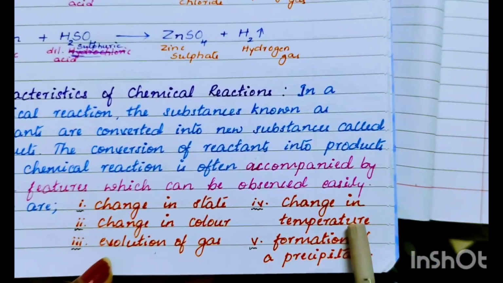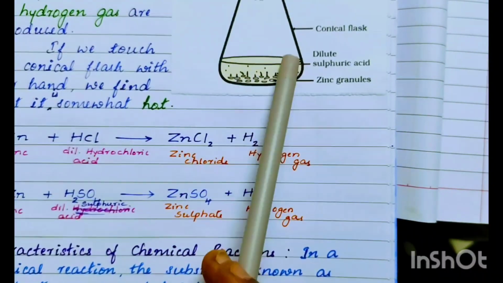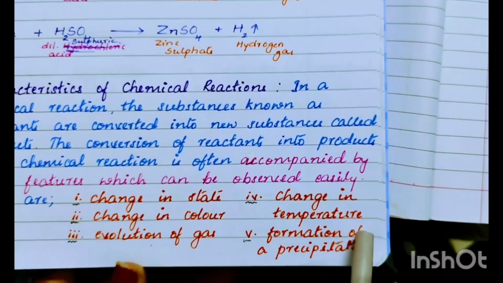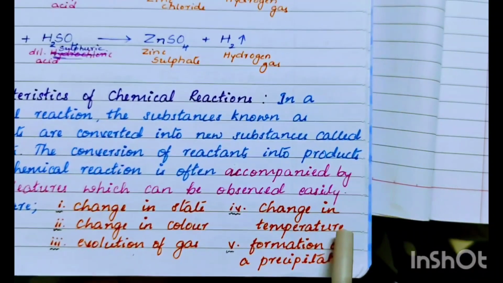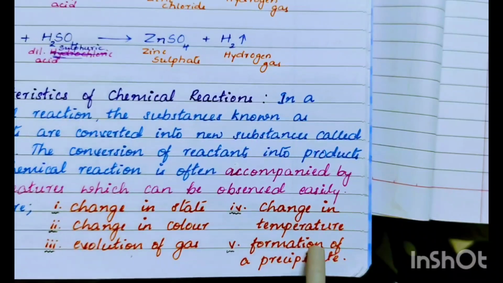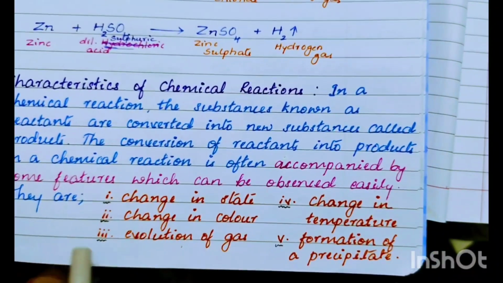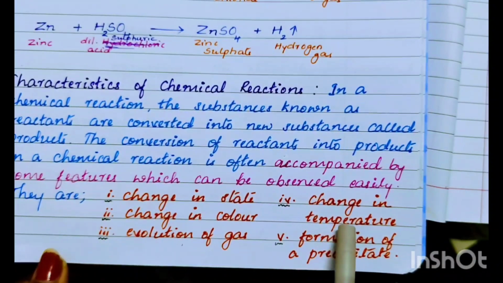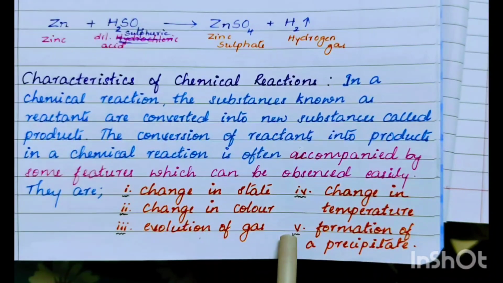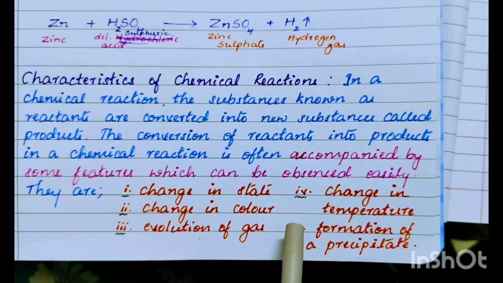Or change in temperature, again the third activity is an example. Or even a precipitate will be formed. So if we find any of these changes, we can conclude that a chemical change has occurred, and that can be called a chemical reaction. Thank you.